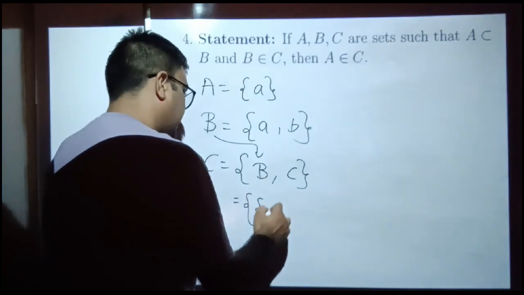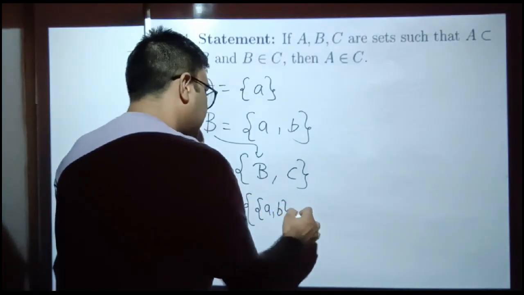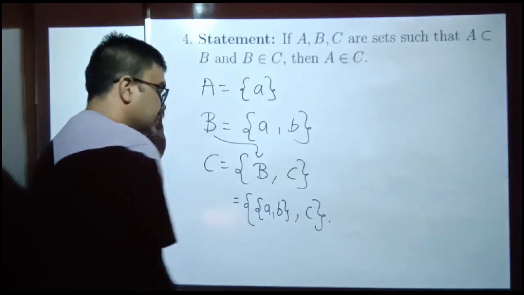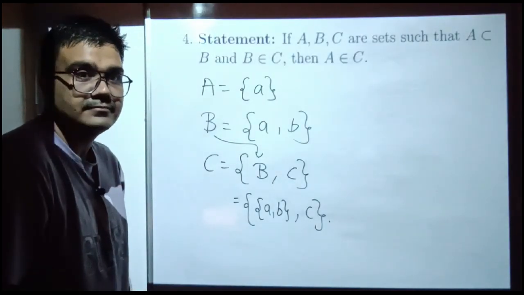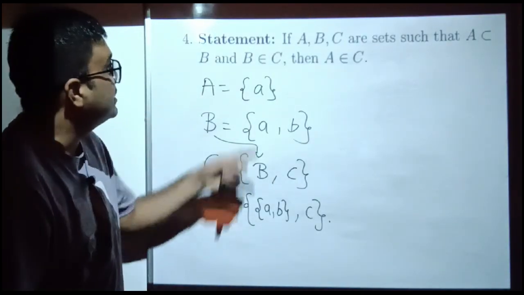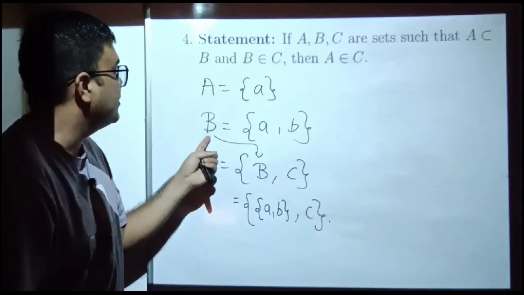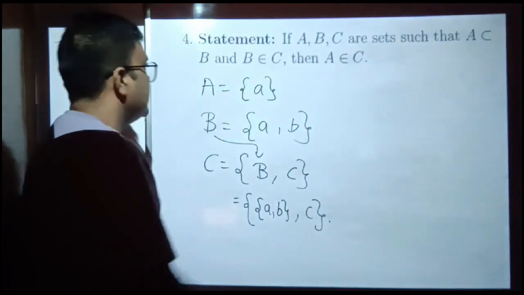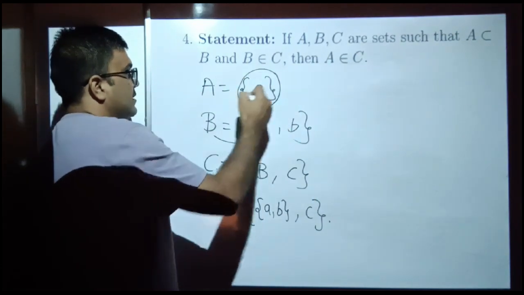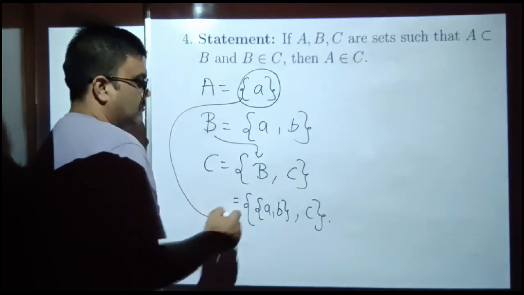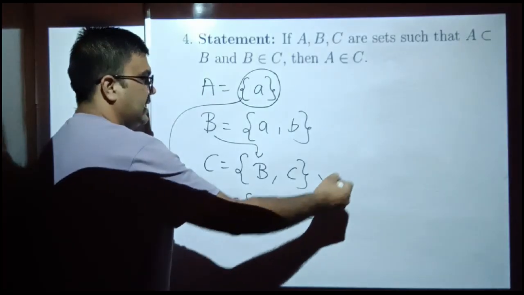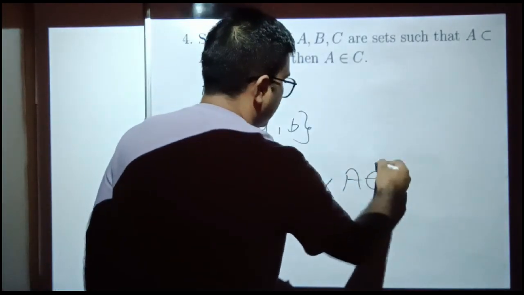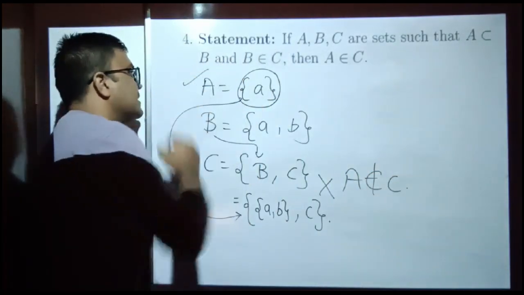So we are going to write it has elements a, b, c. Now all the conditions are satisfied. A is a subset of B, B belongs to C. Then does A belong to C? No. There is no element set A present over here. So we are saying that A does not belong to C. So this will act as a counterexample.